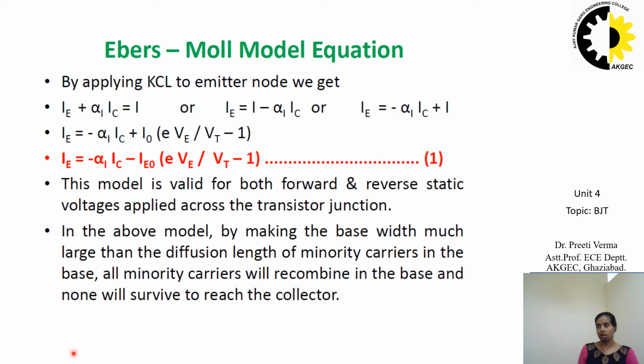We also discussed the characteristics of all three configurations, and we have seen that the most widely used configuration out of these three configurations of the bipolar junction transistor is the common emitter configuration.